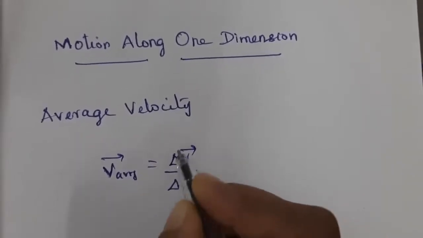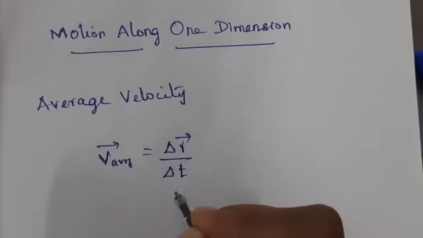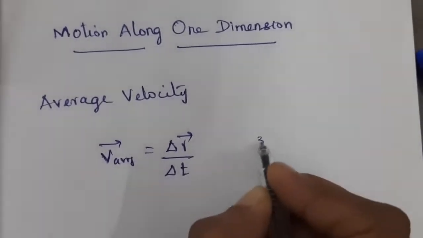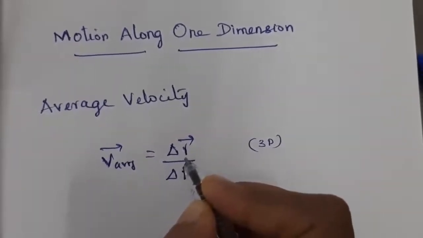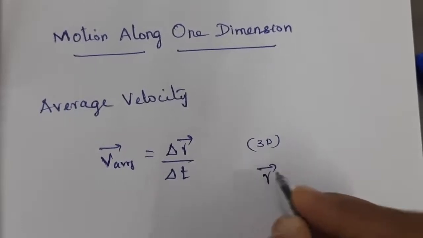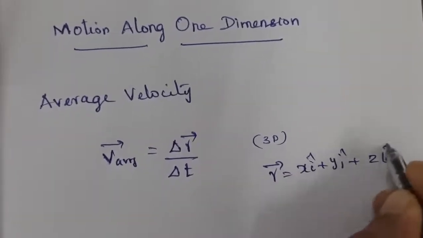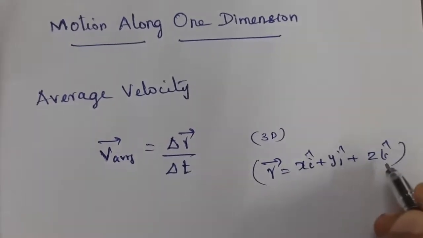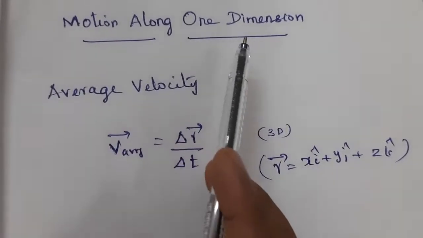The average velocity is defined as the ratio of the displacement vector to the corresponding time interval. This is in case of 3 dimensions. r is a position vector, that is displacement. r vector, how can we write? x i cap plus y j cap plus z k cap. Okay. Here we are going to learn along one dimension.